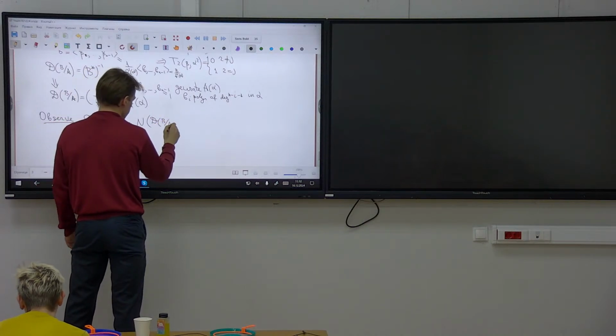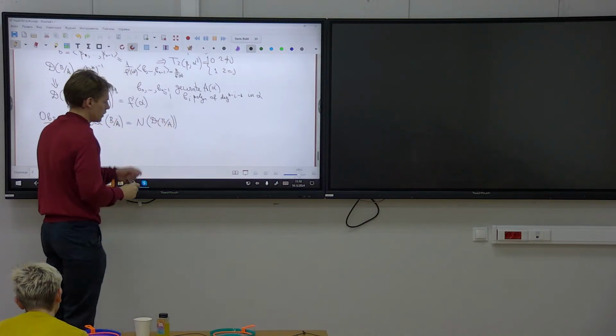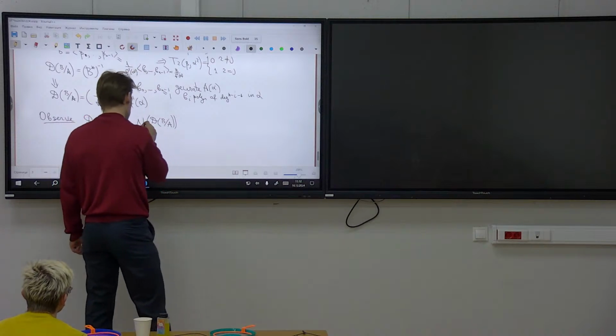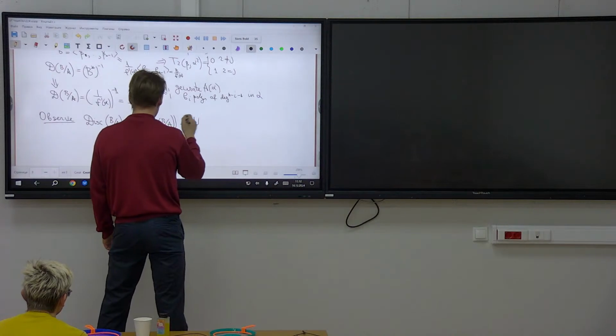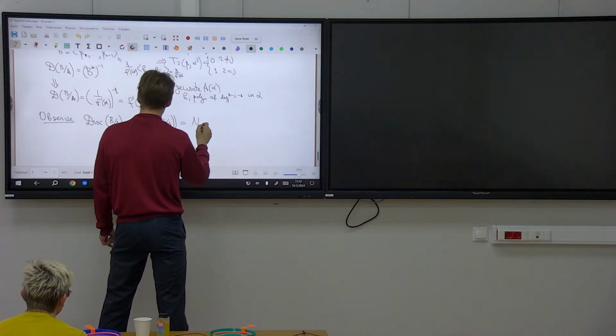When it is a principal ideal, it is just the norm of the corresponding ideal of f prime of alpha.